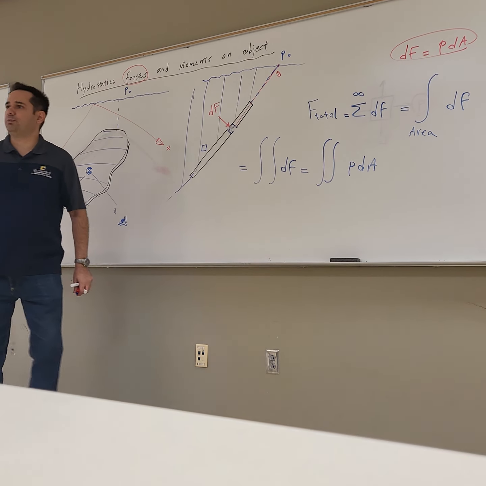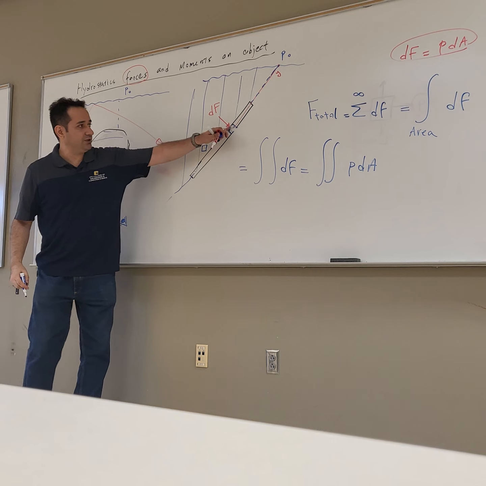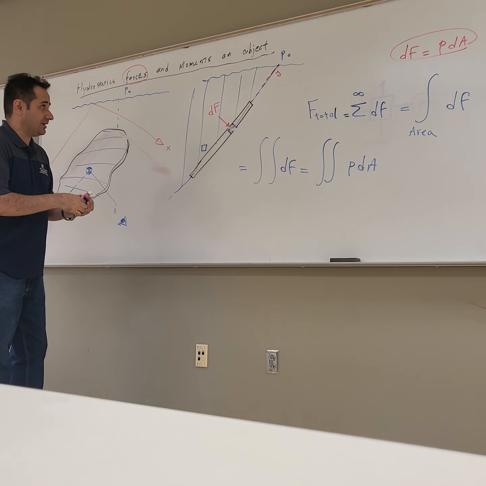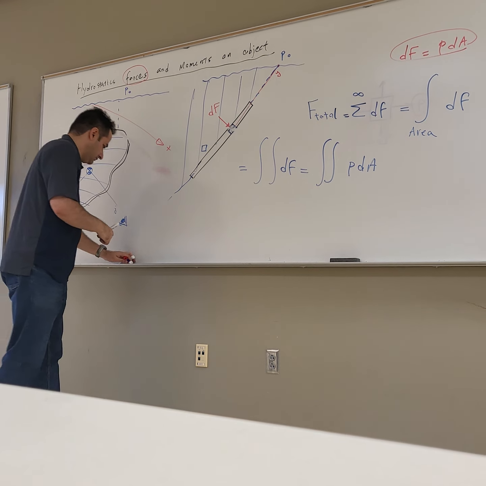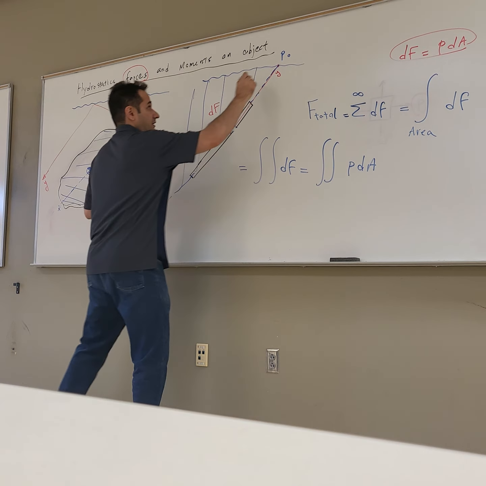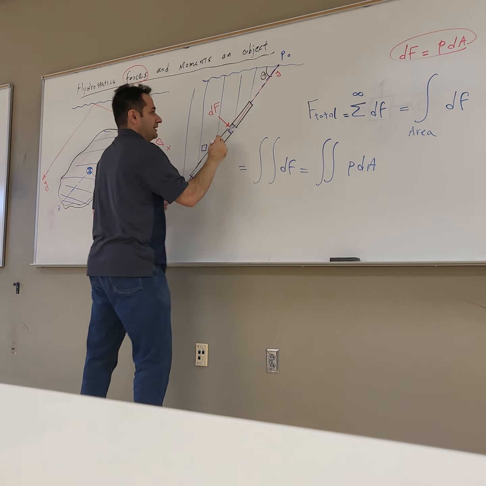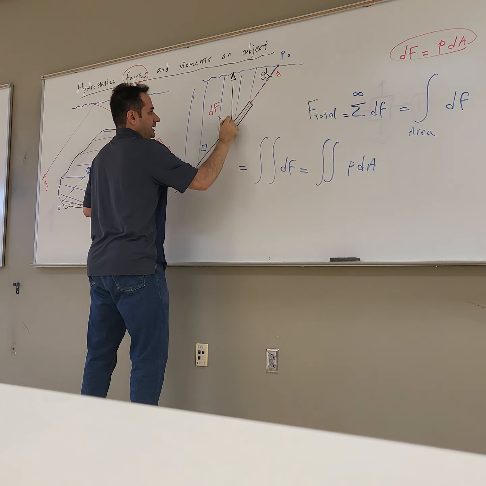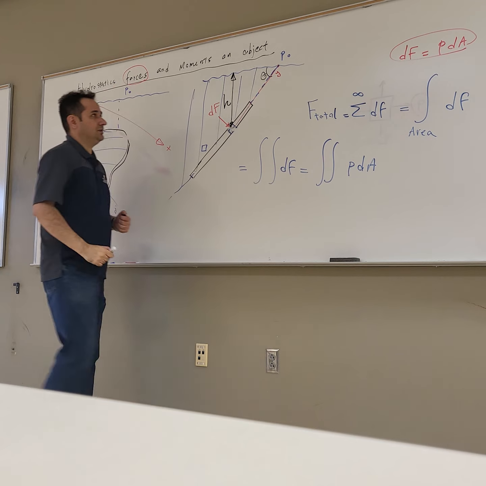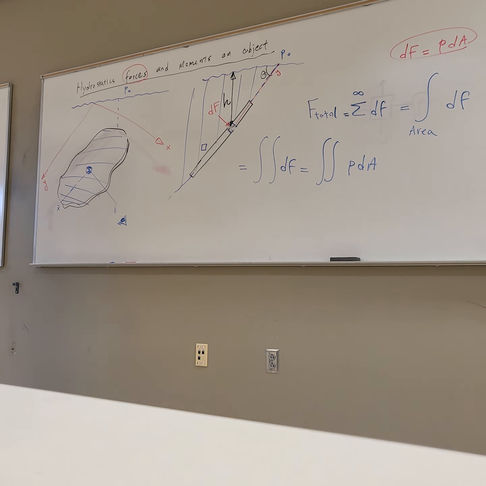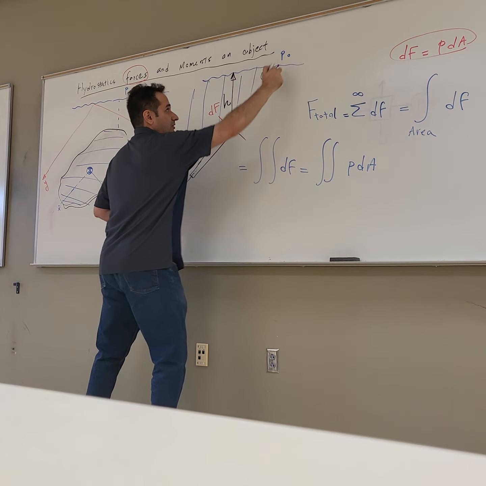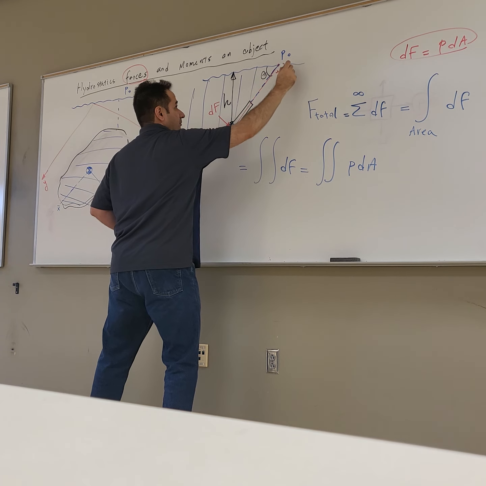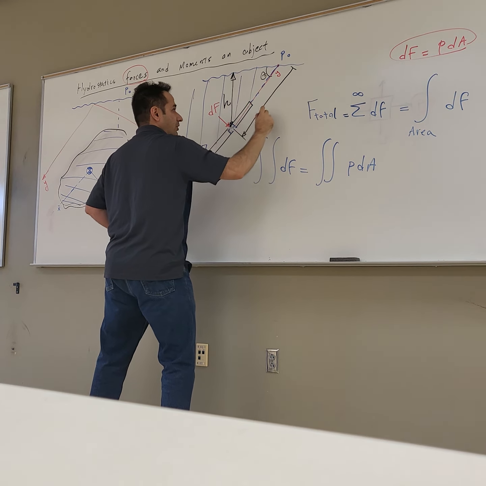Now what can I do for P, the pressure at any point here? Well, let's say this angle is theta. And let's say this is the height of that point element, H. And let's say the location of that, because my coordinate system is in y, starts from the surface, so to here is positive y.